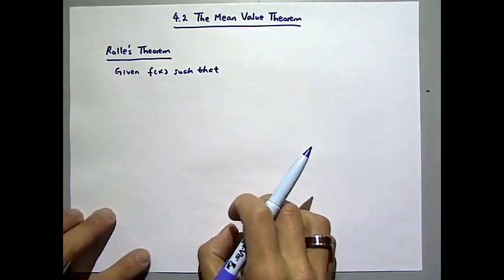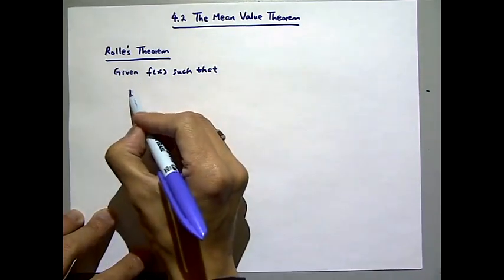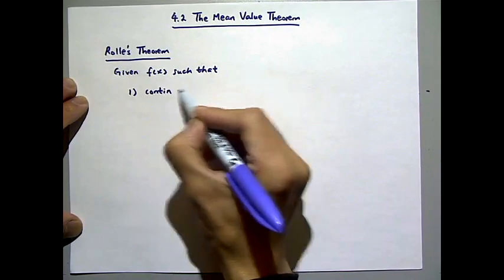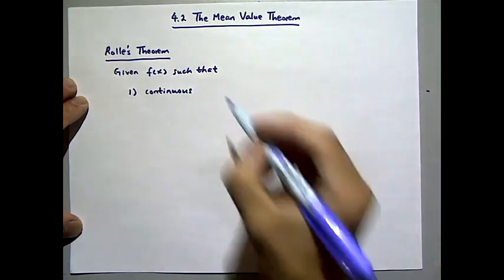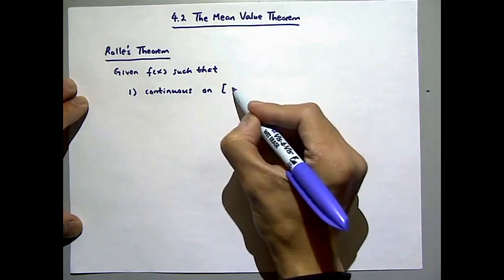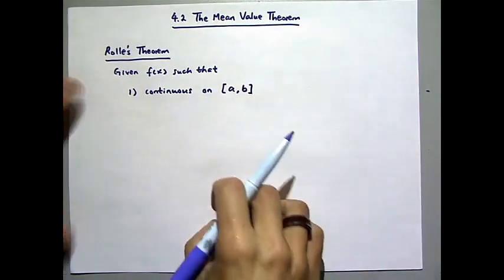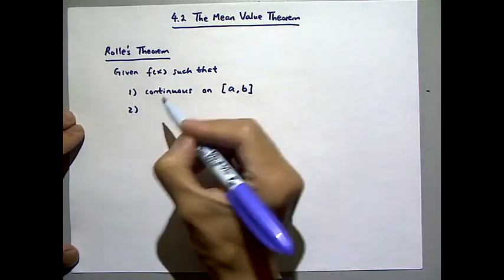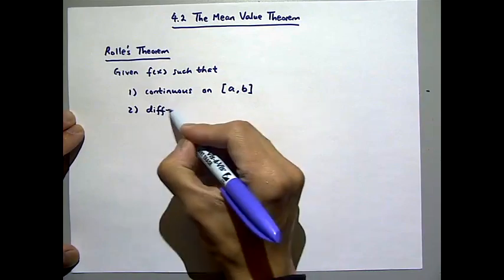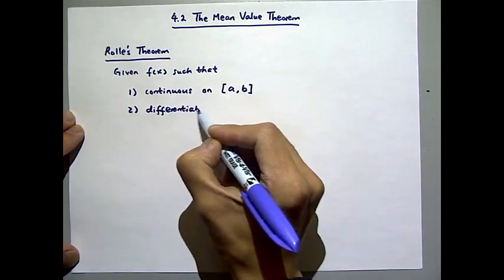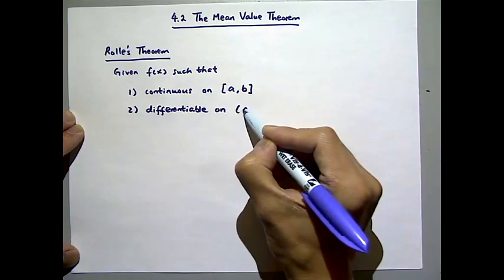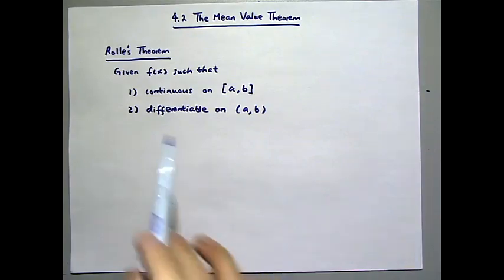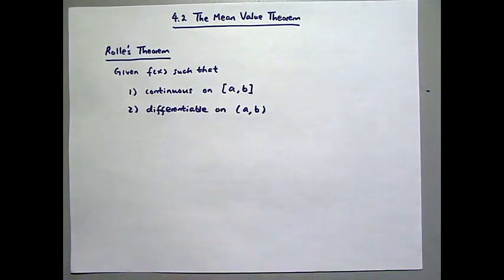If we have a function, let's call that f of x, and if these three conditions are met: we want the function to be continuous on the closed interval from a to b, x from a to b, including the endpoints. We want this function to be differentiable on the open interval, a slightly less demanding requirement, differentiable anywhere from a to b, but possibly not at a or b.